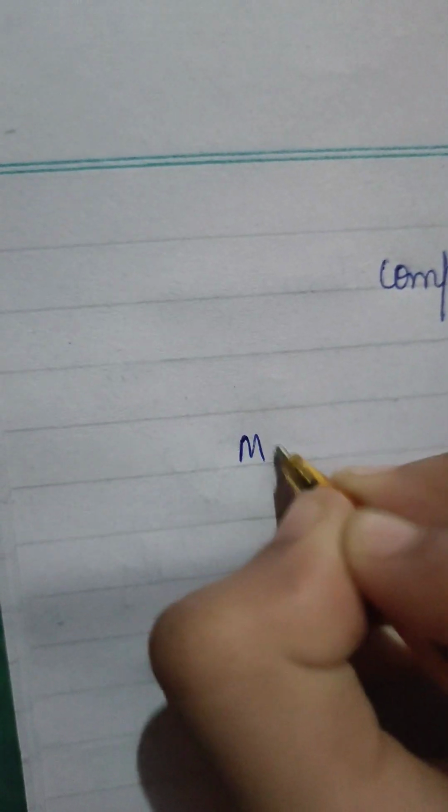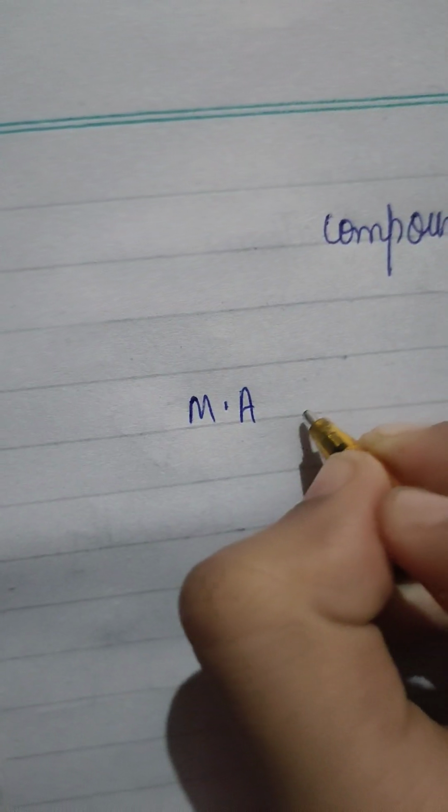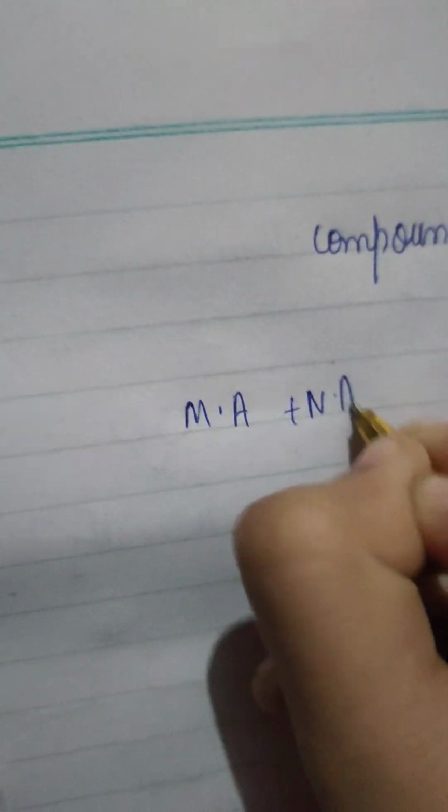Now we have the compound. We have discussed the molecular element, made up of non-metals. A compound focuses on a metal atom plus a non-metal atom.